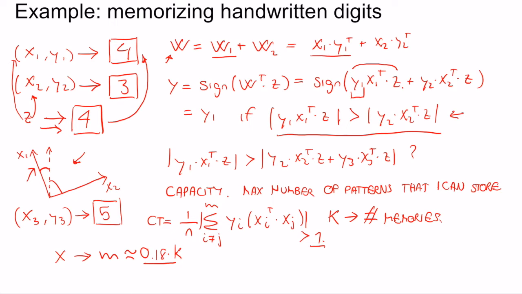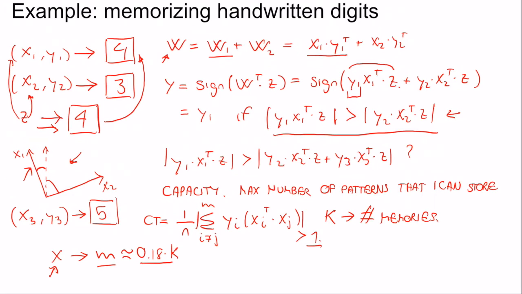And therefore, I can obtain an estimate of how big my inputs need to be. Because it makes sense: the bigger this input vector is, the larger the number of elements in x is, the higher the capacity of this network will be, because the more inputs I will be able to store.